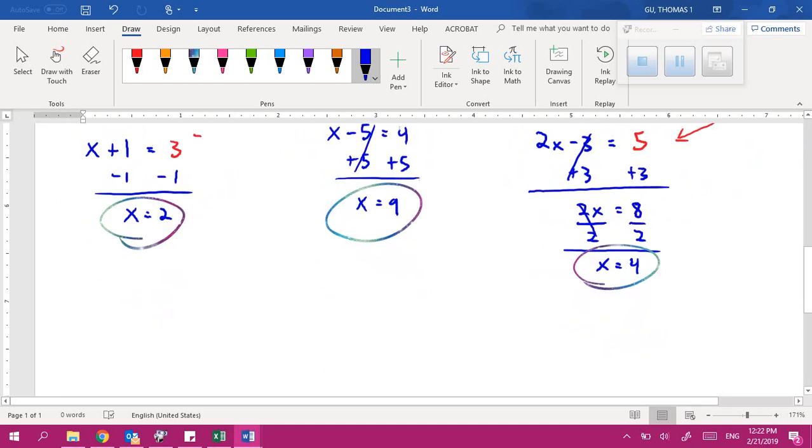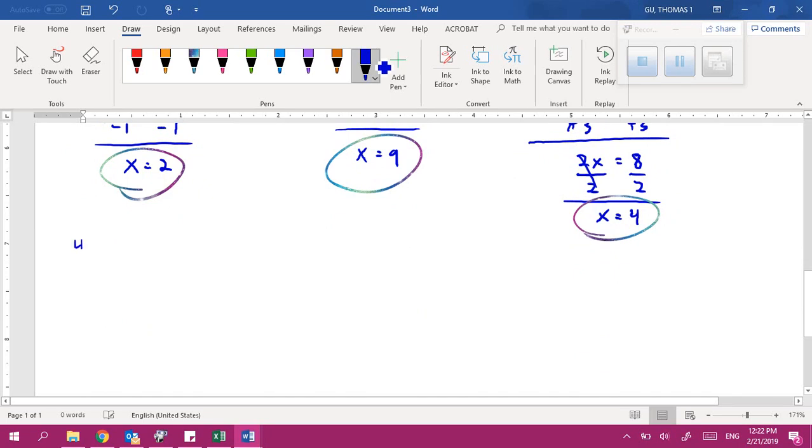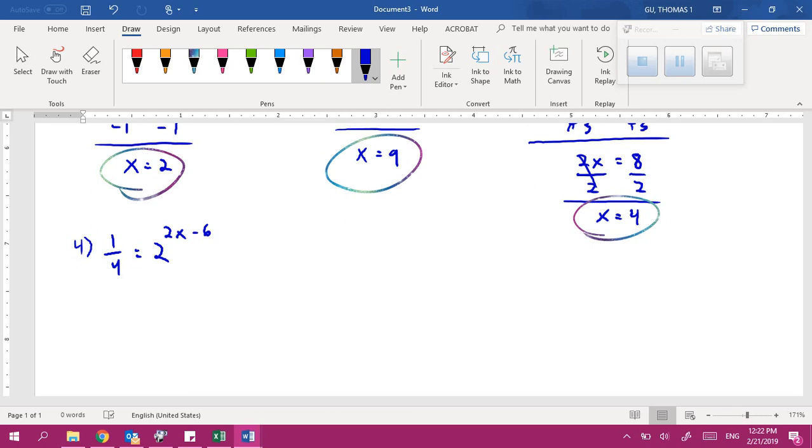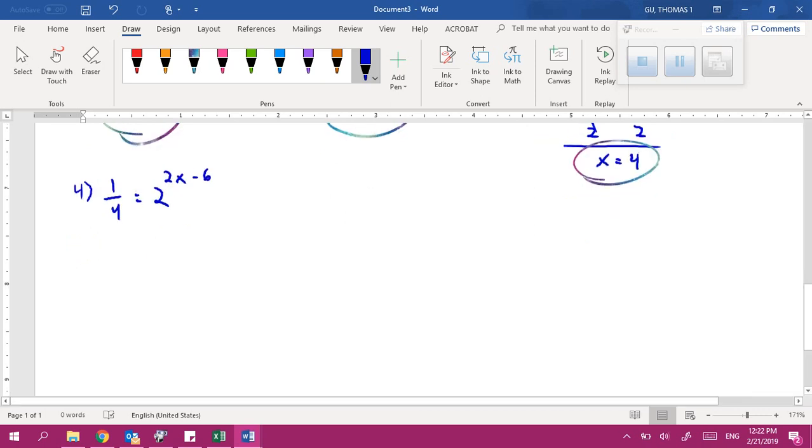Okay. Example 4 then. This one is going to be 1 over 4, oh boy, equals 2 to the 2x minus 6. All right, so what method do you want to use on this one? The first one? All right, you want to use a log? Okay, so what log are you going to take on both sides?